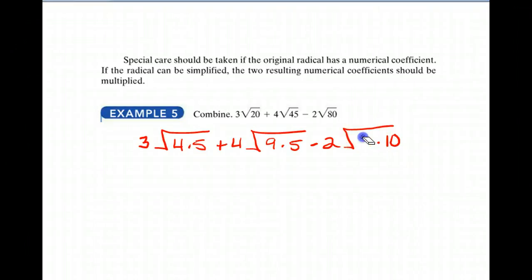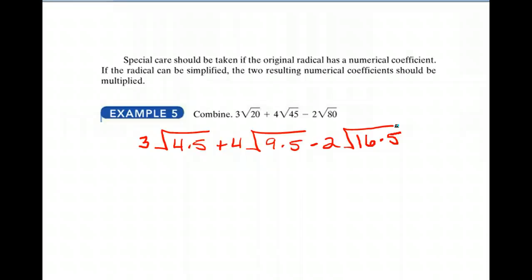Let's change this here. 80 can be broken into 16 times 5. That problem just didn't quite look like it was going to work out right to me. And sometimes that happens to you as you're going through those problems where something looks like there should be a pattern and it's not following a pattern. So you can use that as an indication to you that maybe something's just not quite right.